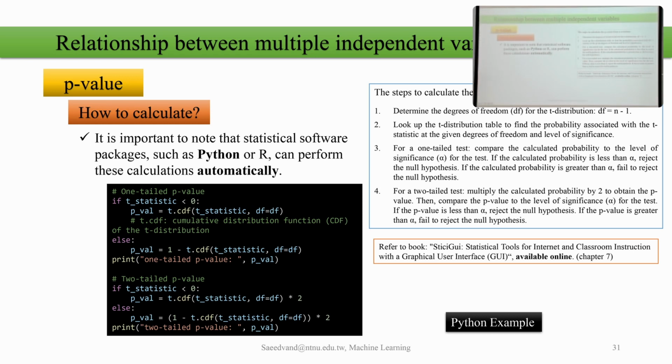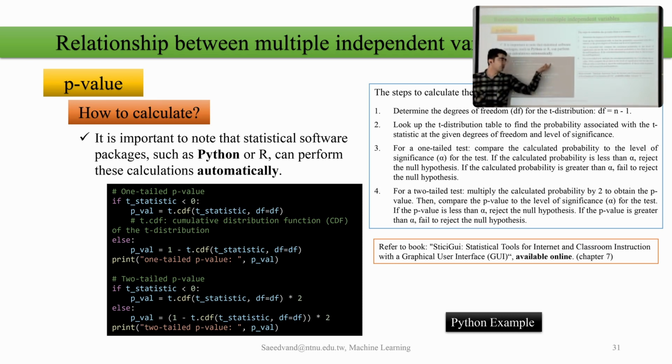In Python we also have libraries to calculate the p-value from the T statistic. Here I've written a simple code that indicates what is happening. For example, if the T statistic is smaller than 0, then the p-value can be calculated by t CDF of the T statistic and degrees of freedom.